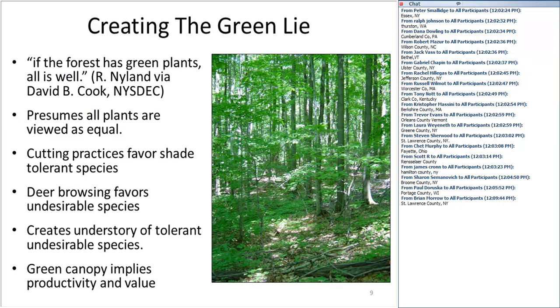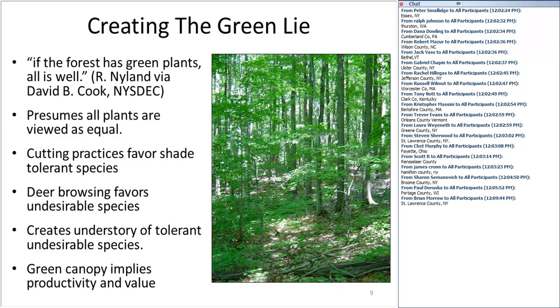And I finally learned from Dr. Nyland at SUNY ESF where he had heard that originally: from David Cook, who was a DEC forester with the State Forestry Agency a few decades ago. And basically, and I don't know exactly how the green lie is stated, the way I understand it is that essentially if the forest has green plants, then all is well.